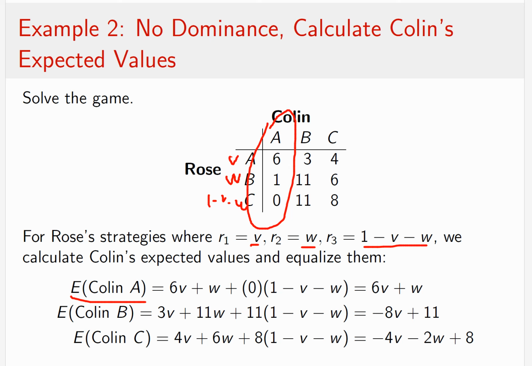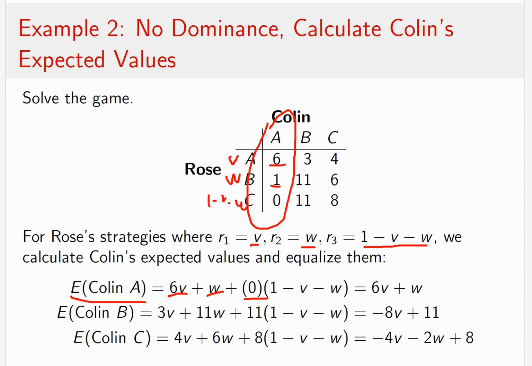And what am I doing? Okay, so for the first outcome for Colin A, the outcome is 6, and the percentage of time that Rose is playing it is V, plus 1 times W, right? The outcome is 1, and the percentage of time that Rose is playing it is W, right?